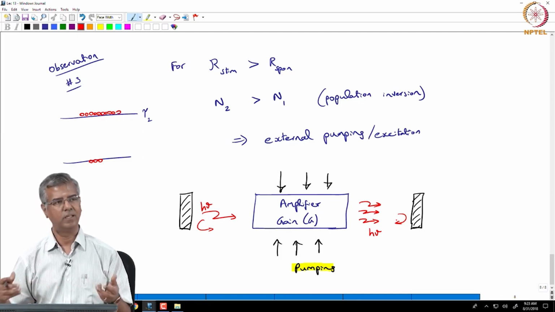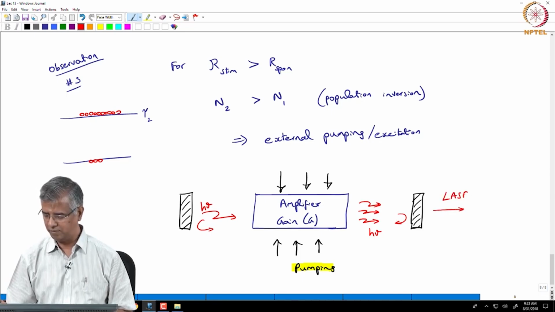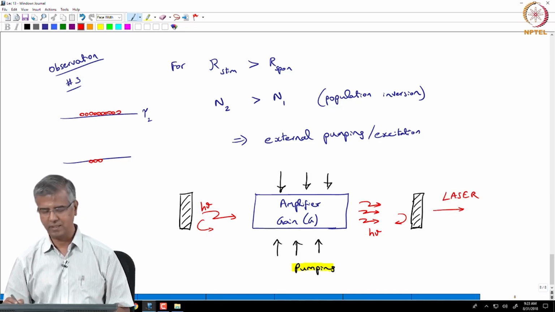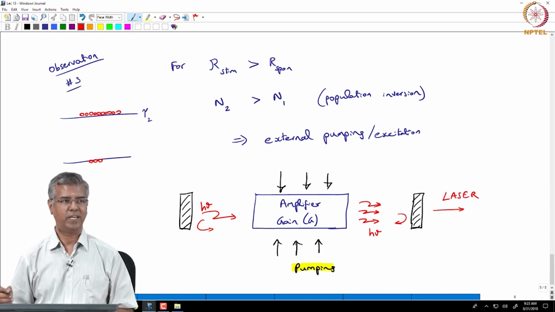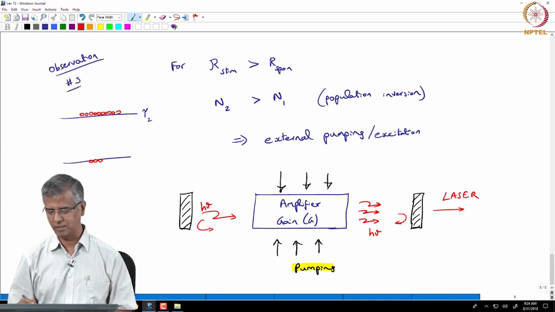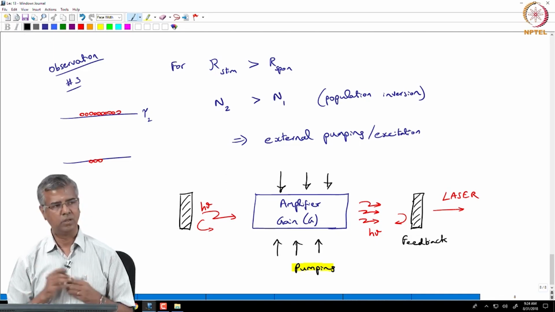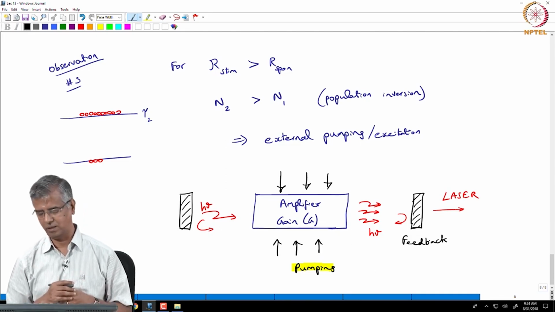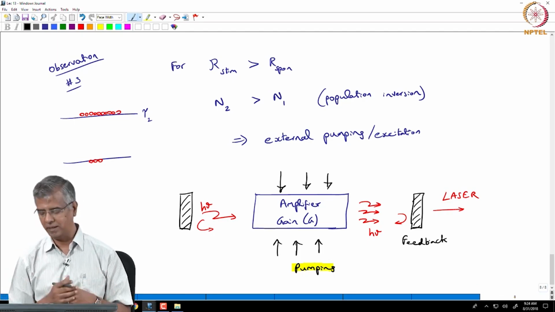So, you are going to have stimulated emission, and through that you have a laser. A laser is an acronym for light amplification by stimulated emission of radiation. So, this feedback that you provide through a set of mirrors is one configuration that can take an amplifier and make a laser out of it.